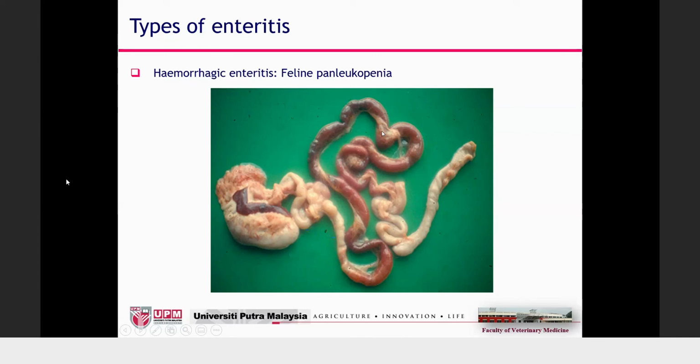Although be careful, sometimes torsion also might produce this type of appearance if the intestine is twisted at this area. But in this case, actually, is hemorrhagic enteritis due to the feline leukopenia.